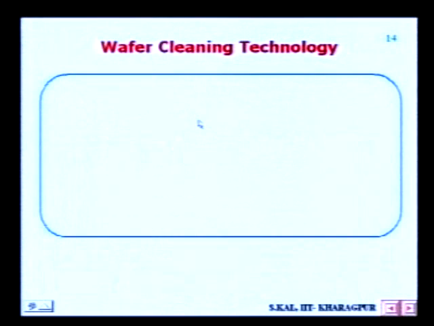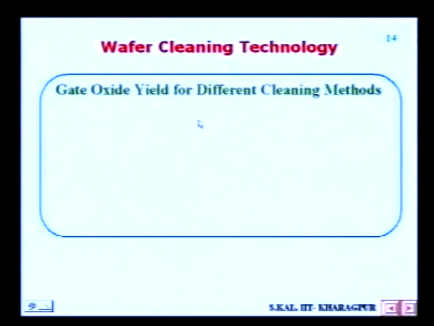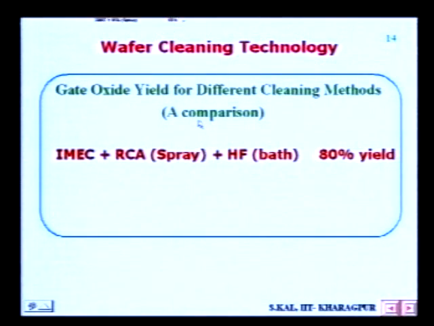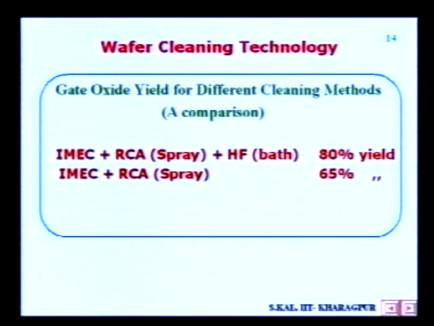Now, if you compare in the next slide the breakdown fields of the different steps, you can see IMEC clean plus RCA spray plus HF bath will give you 80% yield, IMEC clean plus RCA spray will give you 65% yield, and RCA bath will give you 60% yield.